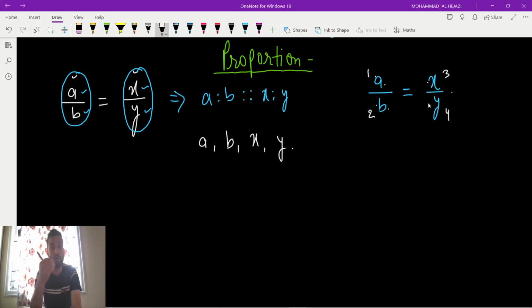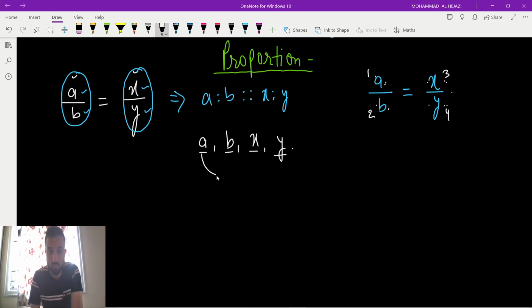So remember the thing, according to this only you have to write their values, because in the examination they will ask you to find, suppose, the fourth proportion, like that. So this is the first, second, third, fourth proportion: first quantity, second quantity, third quantity, fourth quantity.